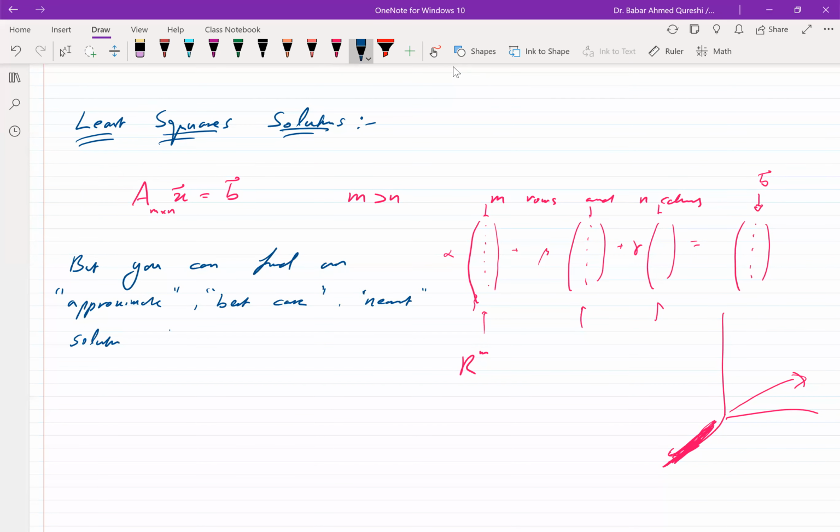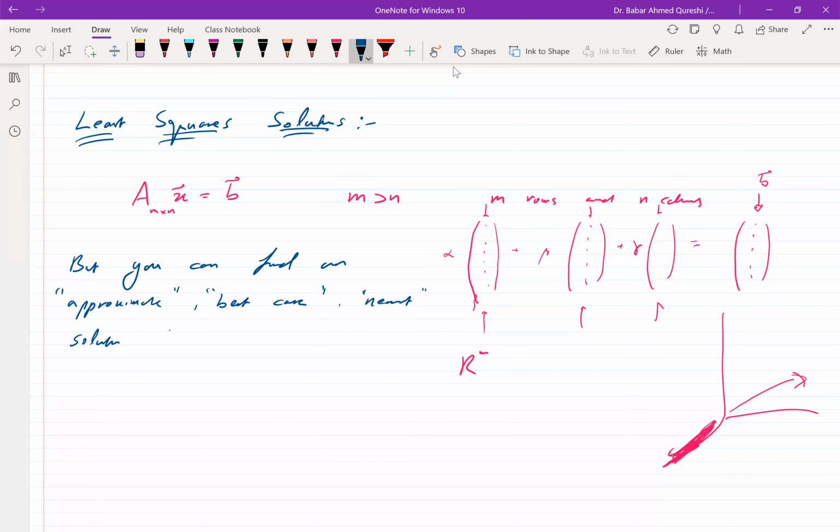So before we go and make it precise, what I mean by this approximate solution, which will be called the least square solution, which will always exist, let's first see why we would need it. So examples of where such a solution may be useful.